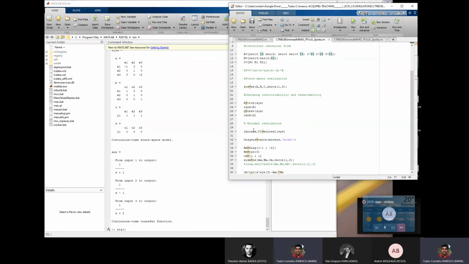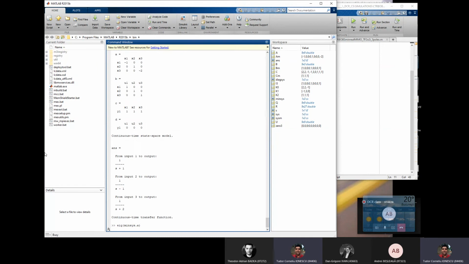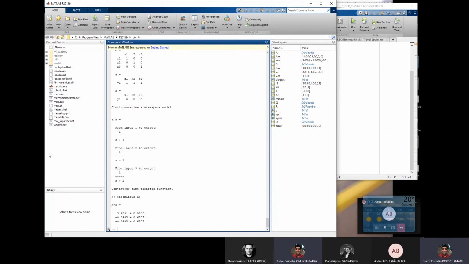Let's check min_sys.a. It's not stable. Why is it not stable?